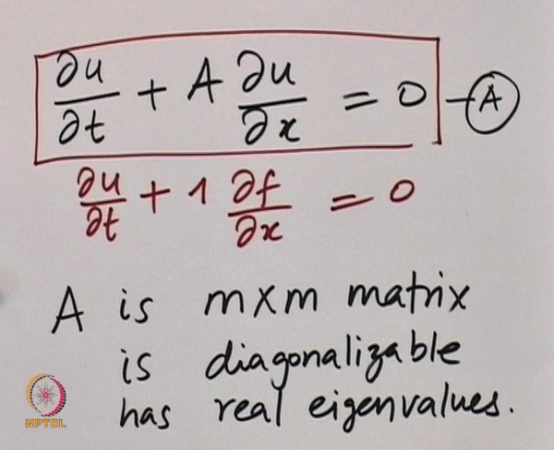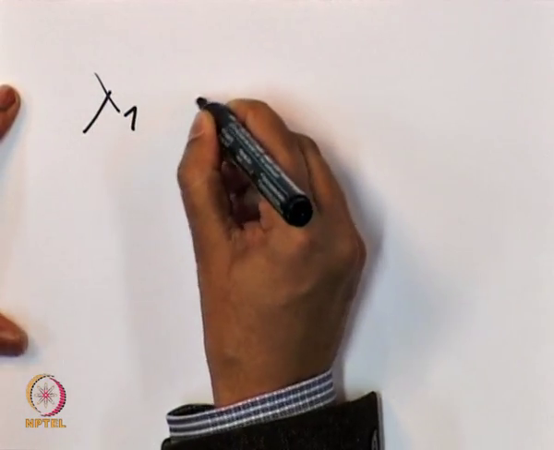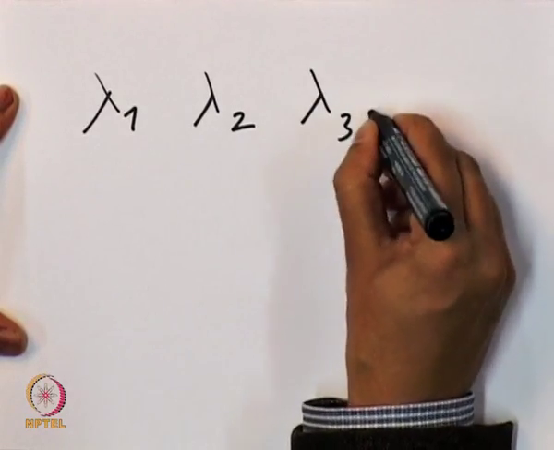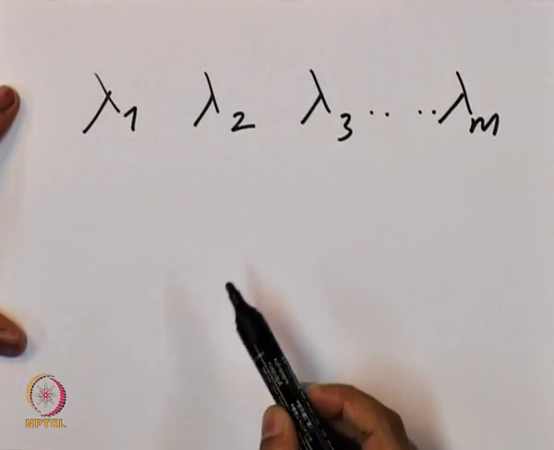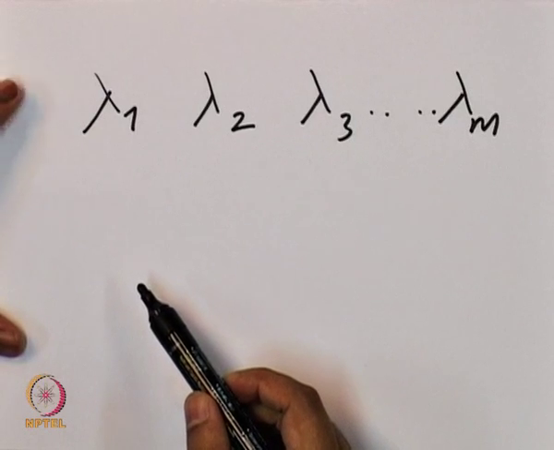Let's say the eigenvalues are represented by lambda 1, lambda 2, lambda 3, and so on until lambda m. Since it's an m by m matrix, we will have m eigenvalues.